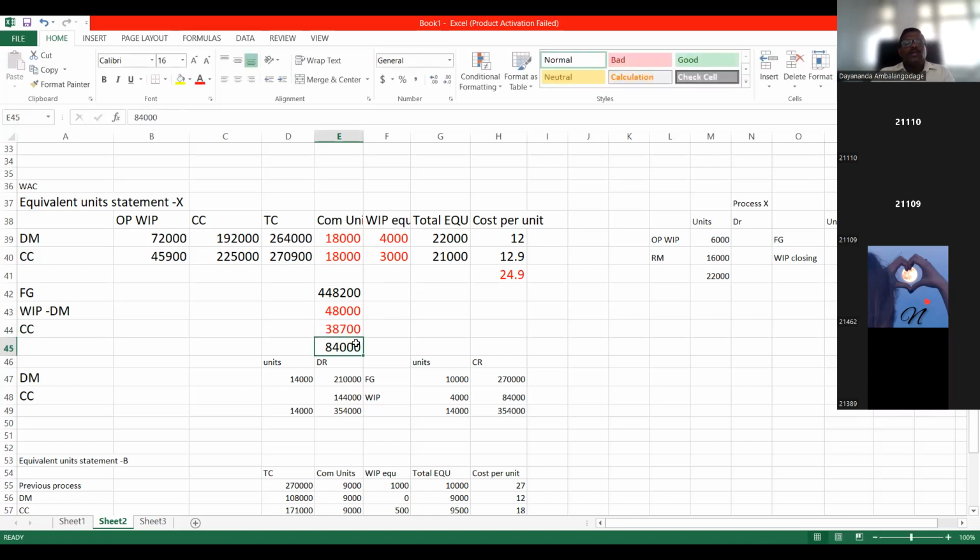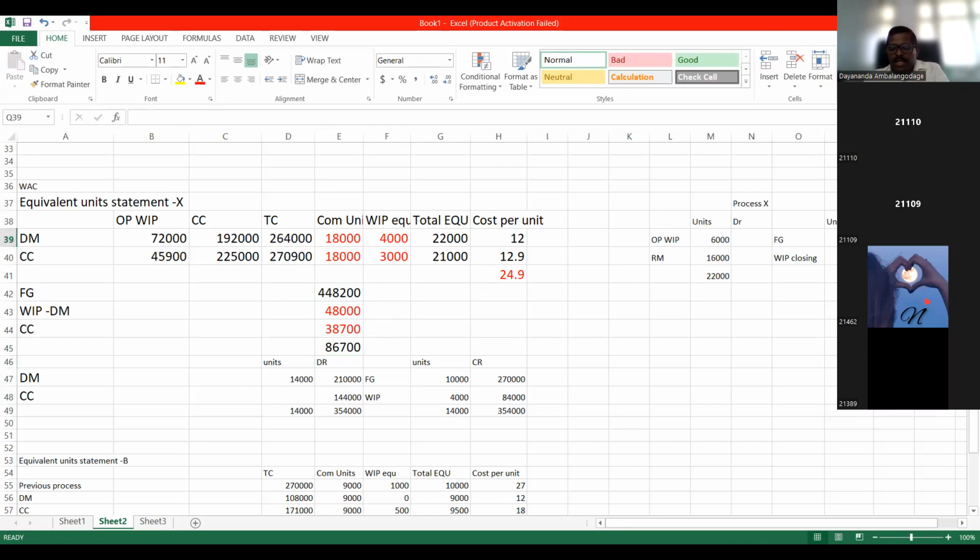That's all. So altogether, the total of these two is the value of the closing stock, 86,700.